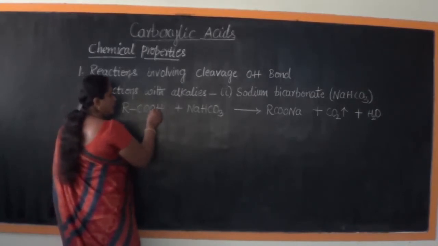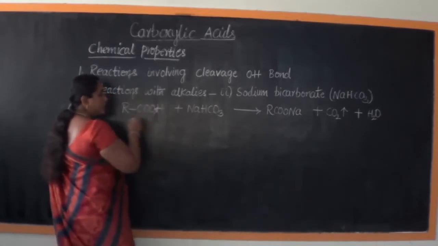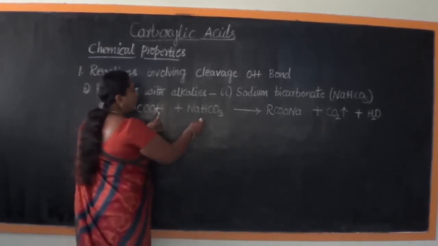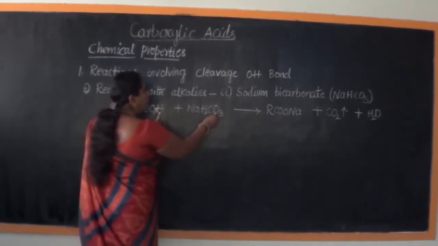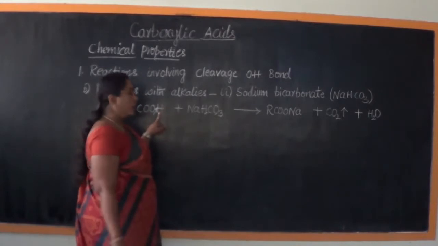Now look at the reactions. RCOOH, the hydrogen-oxygen bond present in the carboxylic acid gets broken down. What will happen? Now this hydrogen will combine with this hydrogen of sodium bicarbonate, and then one water from the carbonate goes out as water.